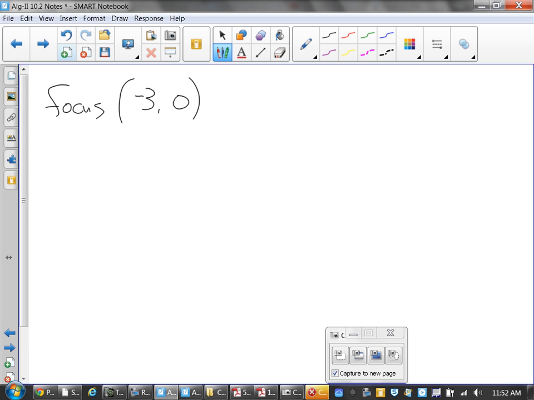If my focus is at negative 3, 0, what direction does this thing open? Well, where's negative 3, 0? It opens to the left. Everything's centered at the origin, and it opens in the direction of the focus. So it's got to do that.